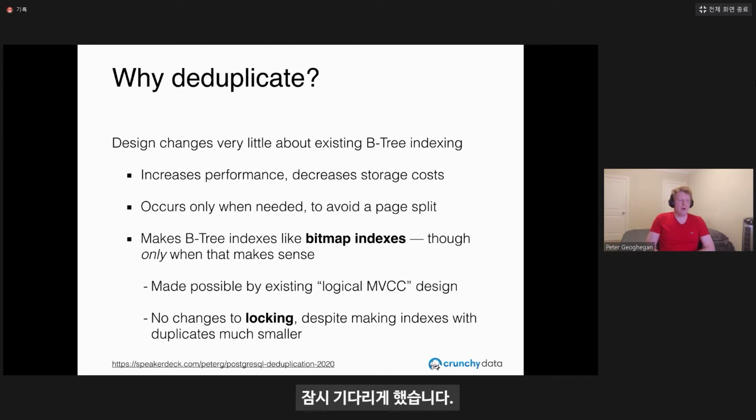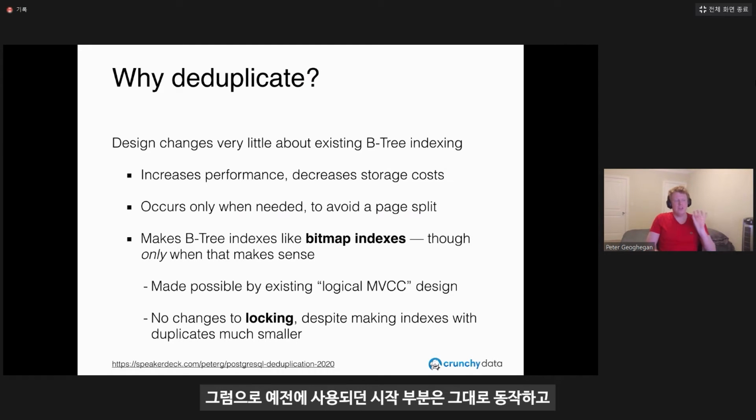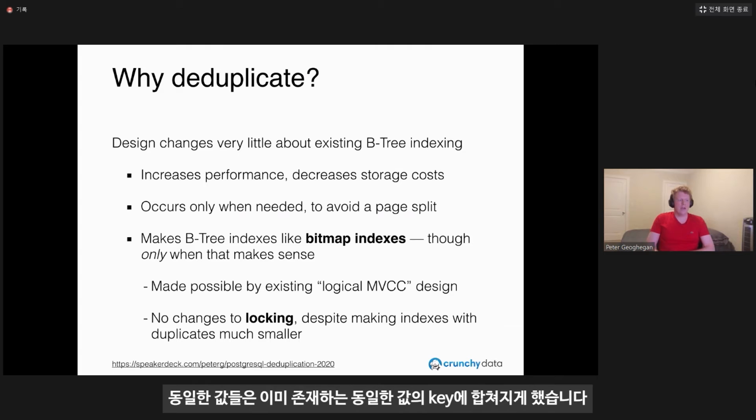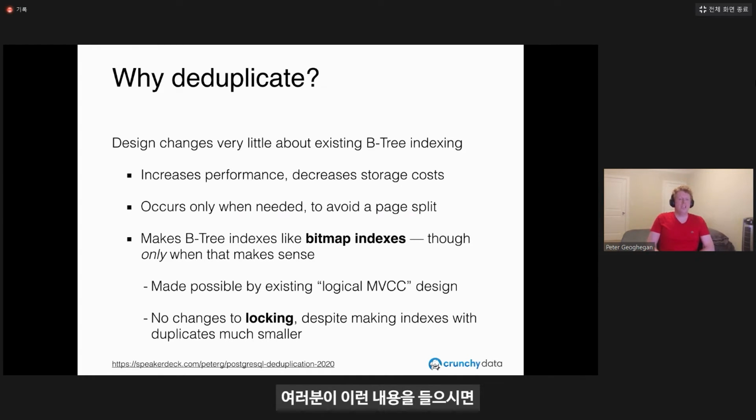We wait for a little while. So the same initial representation is used as before, but then after a period, we will merge them together. So you can think of this perhaps as being a little bit like a bitmap index.